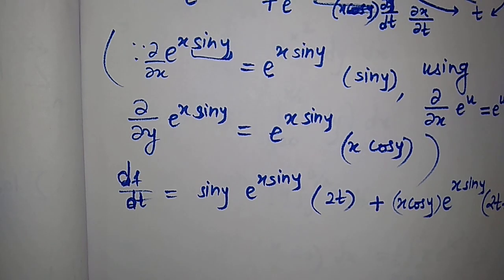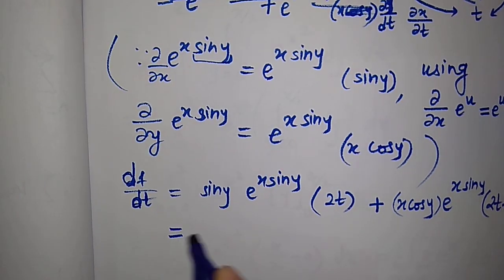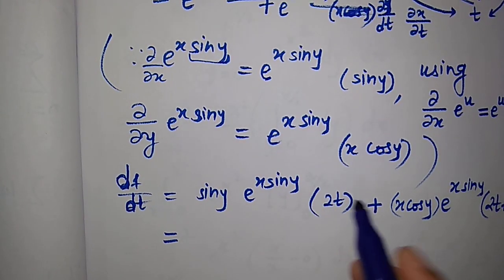Correct? Now just put x equal to t square plus 1 and y equal to t square plus t.